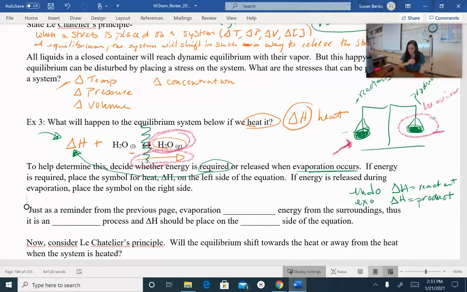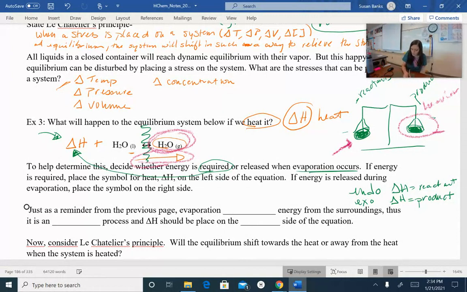Okay, so if energy is required, we place the symbol for heat, delta H, on the left side. We place it on the reactant side. If energy is released during the reaction, it is an exothermic reaction, and we will place delta H on the product side. We all know that it takes energy to go from a liquid to a gas.